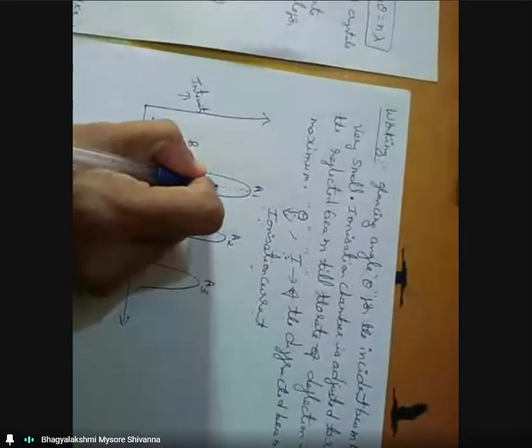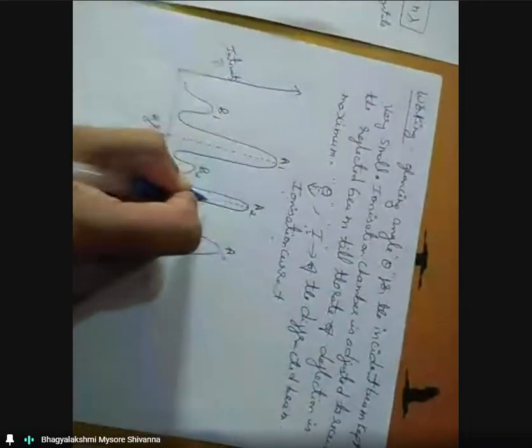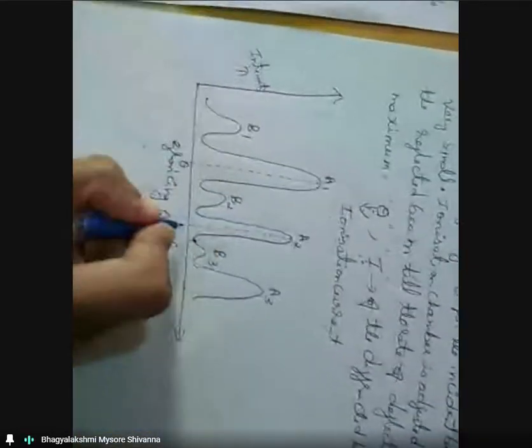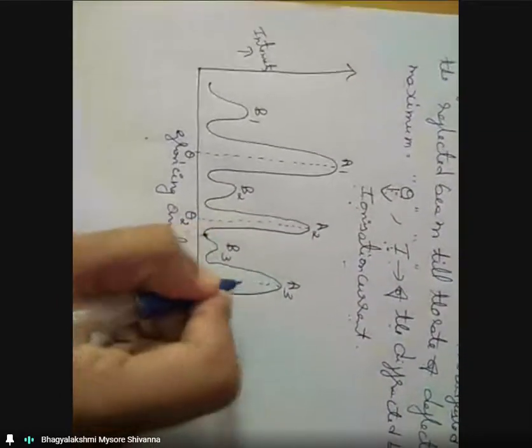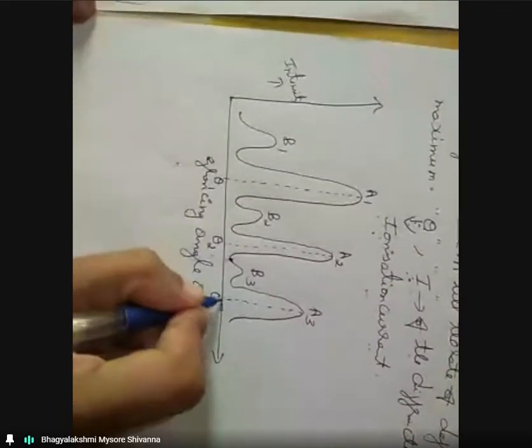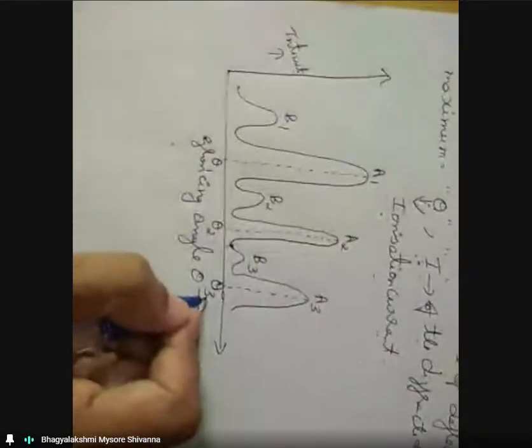The intensity is maximum for the glancing angle theta 1, for theta 2, and for theta 3.